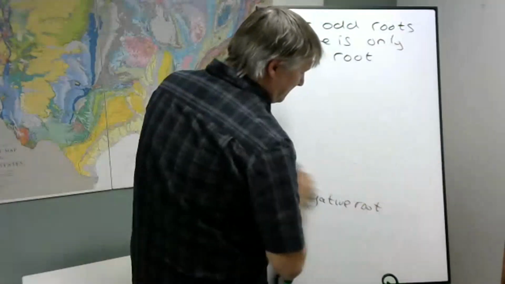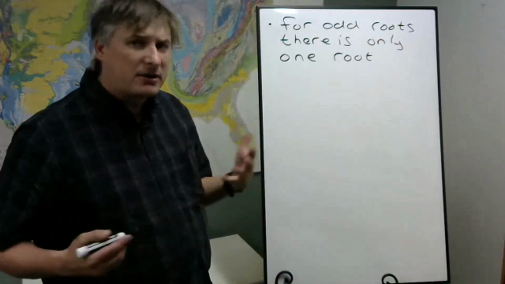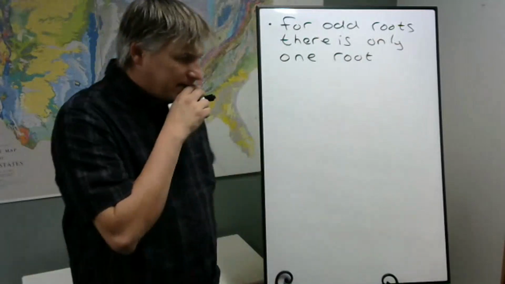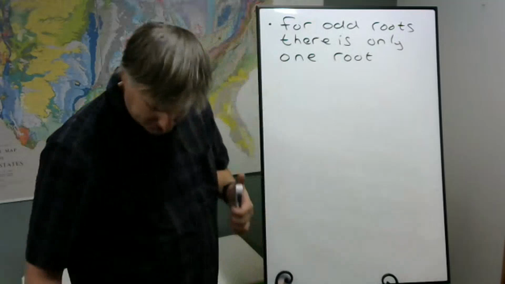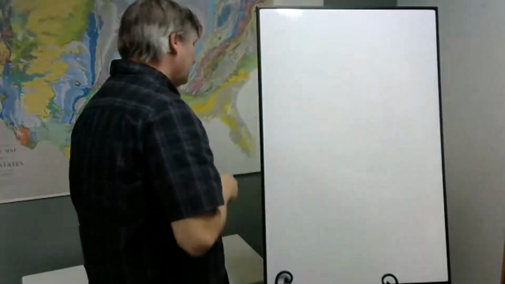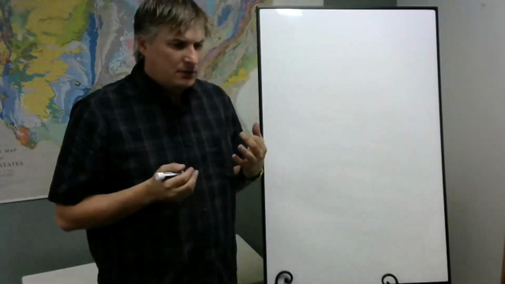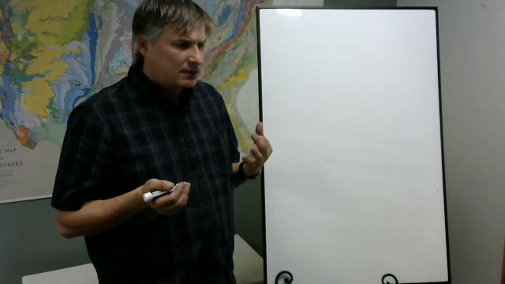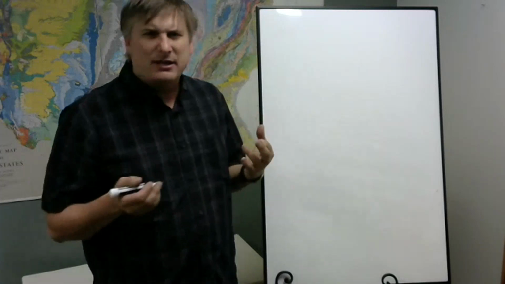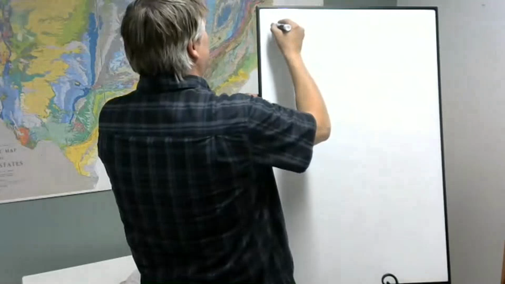Now, there's another difference between even roots and odd roots that we want to talk about. And it's going to be this. For even roots, we can take the even roots of positive numbers. But we've seen that we can't take the square root of negative numbers. Could you take the fourth root of negative numbers? Well, let's say we have -16.